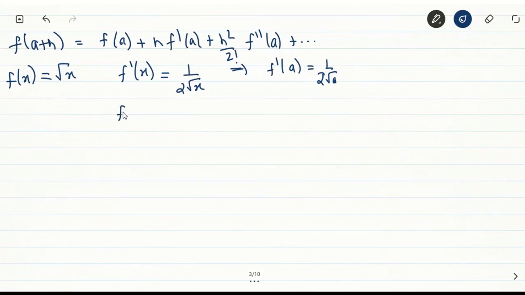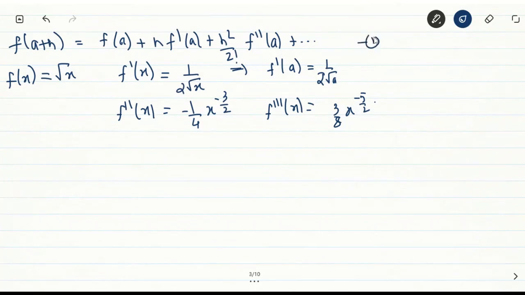What will be f double dash? f double dash of x will be equal to minus 1 by 4 into x raised to minus 3 by 2. So we are differentiating this with respect to x again, so we will get f double dash. Similarly, f triple dash of x will be equal to 3 by 8 x raised to minus 5 by 2.